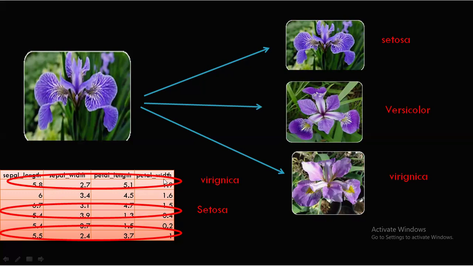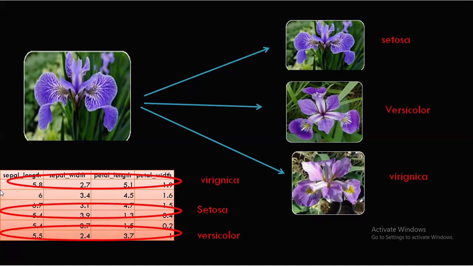If you see the petal length and width of Setosa compared to other types of flowers, the length is 1.3 and the width is 0.4 and the sepal width is 3.9 and so on, right? So based on the combination of all the four values under these four features, they have classified the iris flower into three different categories.